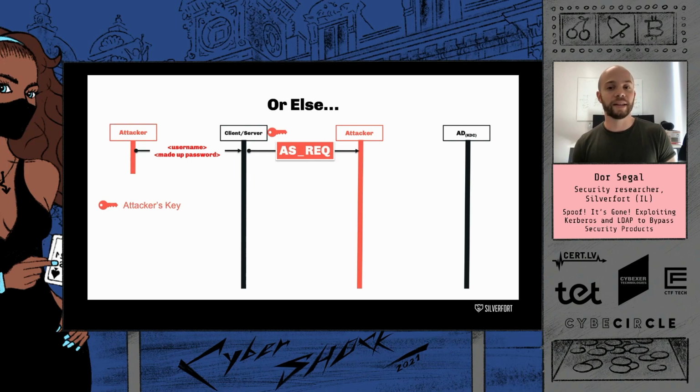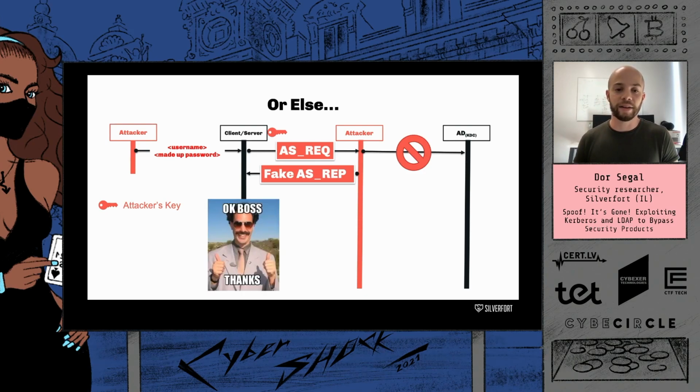But if I stand in the middle, I decide not to hand it over to the actual domain controller and reply with my own authentication service reply, the TGT. If there is no further validation, then I can use any password I want to log into any application that doesn't validate the rest of the Kerberos process.